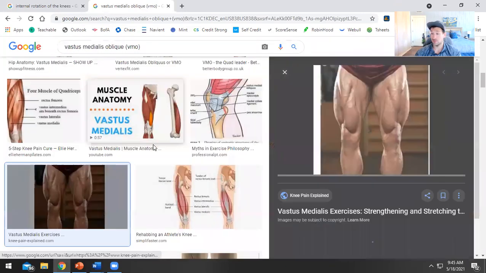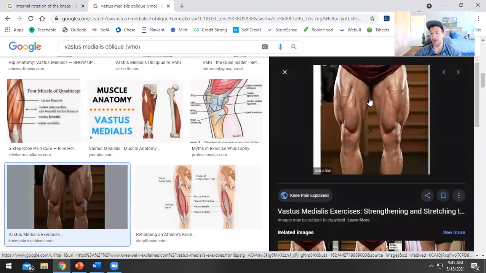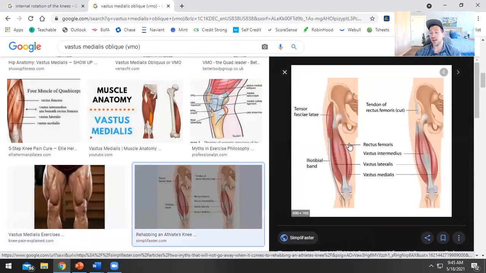You can see it, the VMO always pops in bodybuilders. This big bulgy muscle on the inside portion, right? That's the VMO. So you've got a lateral quadriceps muscle, an intermediate quadriceps muscle, a medial quadriceps muscle, and then you've got one that kind of covers all of them.